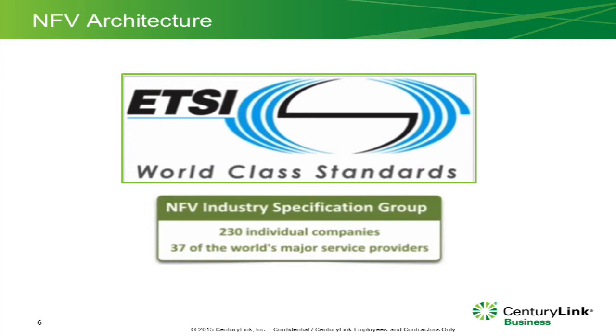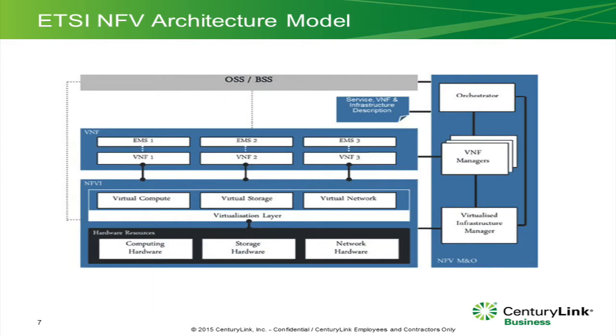The ETSI NFV architecture has three main components: Virtual Network Functions, or VNF, Network Function Virtualization Infrastructure, or NFVI, and management and orchestration. The NFVI represents the physical hardware that provides the virtual resources needed for NFV.